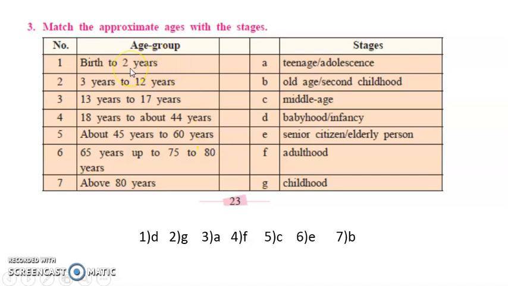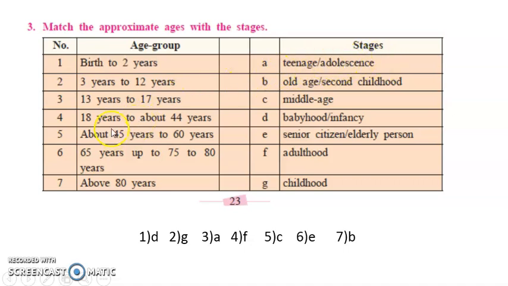Now we see there is a warming up exercise, children, which I thought would be right to do at this time, that is after all the seven stages that we did. So let's do it together. Here you have age group and here you have stages. The first one, birth to 2 years. That comes under what? Yes, babyhood, infancy. Second, 3 years to 12 years. What is that now? Childhood. 13 years to 17 years. Yes, that you all should know. Teenager, adolescence. You are almost in this age, right?